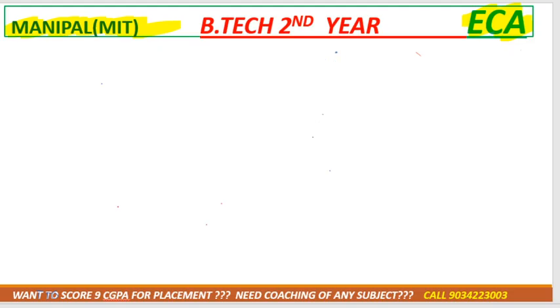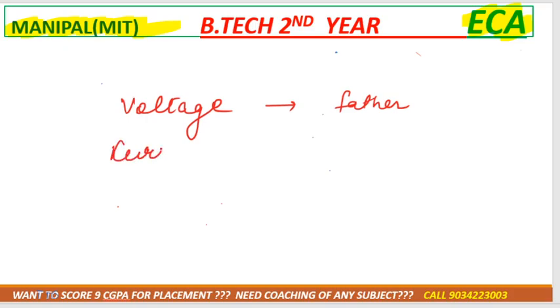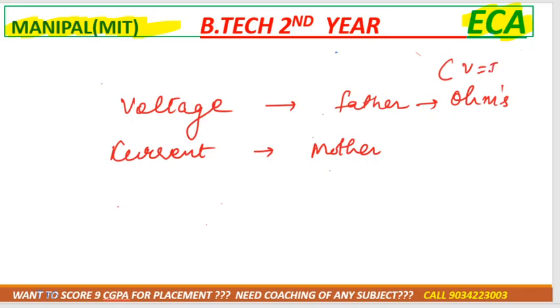तो मैं हमेशा students को कहती हूँ, like if it is depending on voltage, okay, तो means it is depending on father. ठीक है? If it is depending on current, means it will depend on mother. ठीक है? Father के केस में always you have to apply Ohm's law. Ohm's law means, as you know, V is equal to IR, and mother के केस में you have to apply a direct equation.